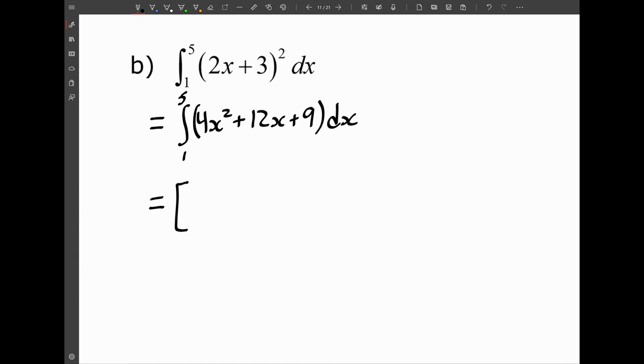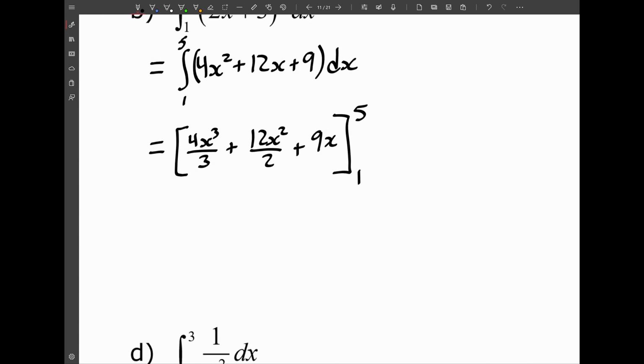So 4x squared becomes 4x cubed over 3 plus 12x squared over 2 plus 9x over 1 from 1 to 5.